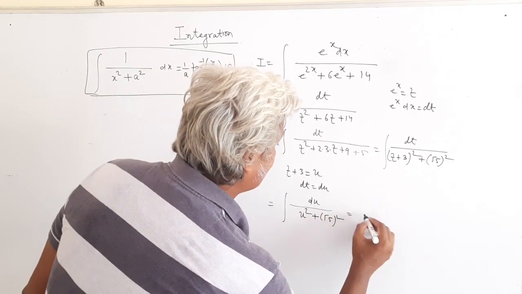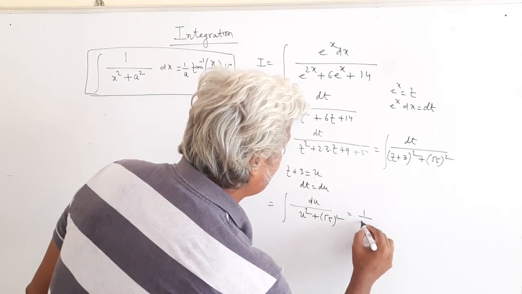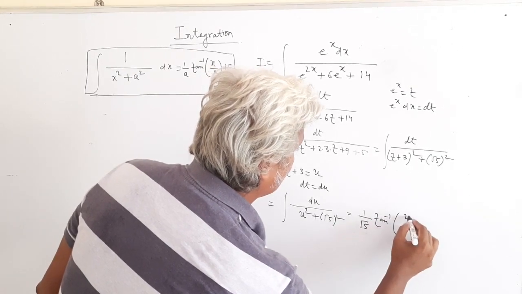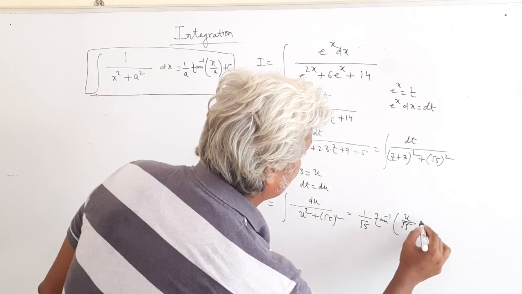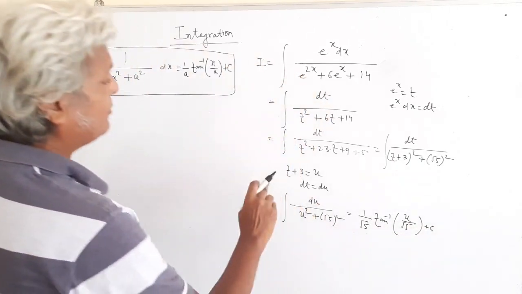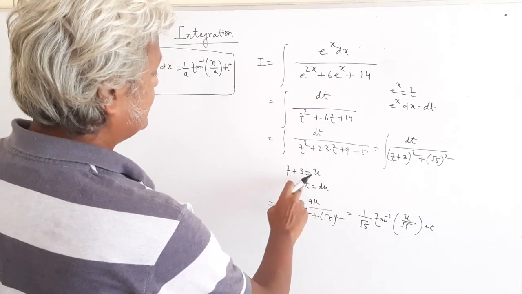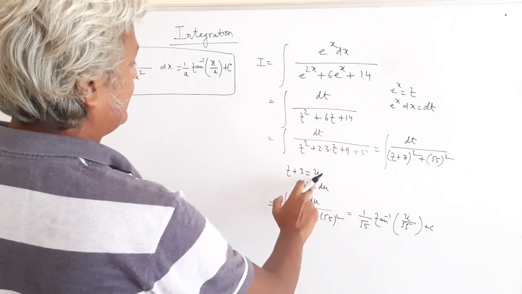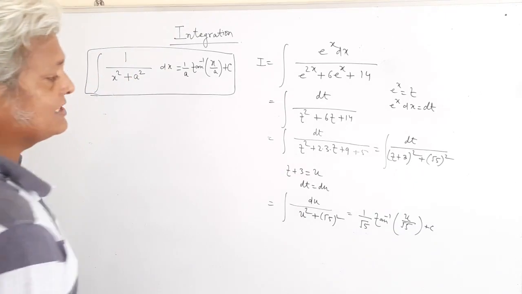So now here we'll get our answer as 1 by root 5 tan inverse u over root 5 plus c. Now you replace u by t plus 3, and at the place of t you write e to the power x. Means you can replace u as e to the power x plus 3.